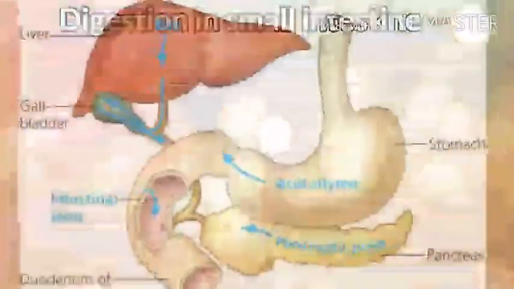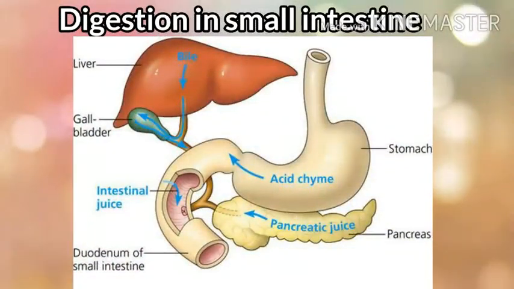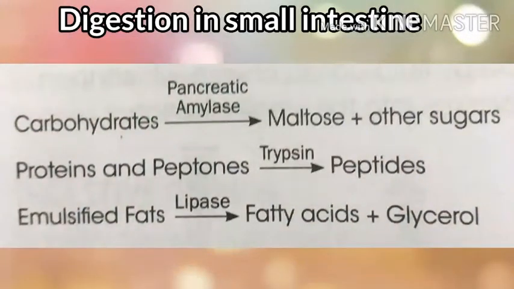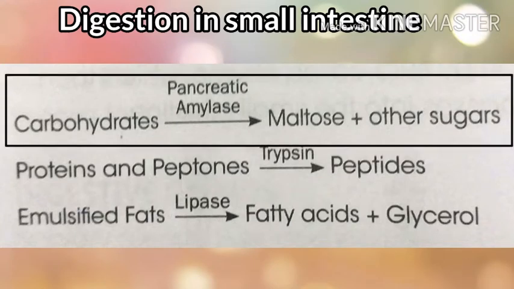The pancreatic juice secreted from the pancreas also contains certain enzymes such as pancreatic amylase, trypsin and lipase. Pancreatic amylase helps in carbohydrate digestion. It converts carbohydrates present in the food into maltose and other sugars.